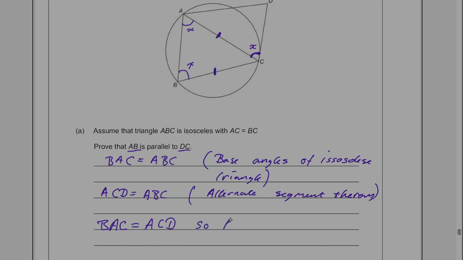So AB must be parallel to DC as these angles BAC and ACD are equal, so alternate angles.